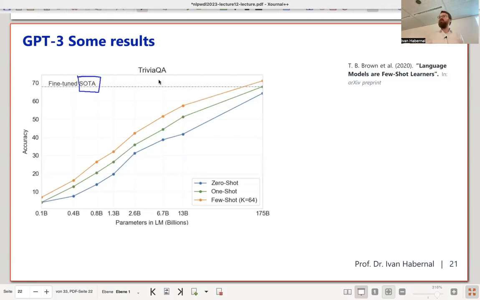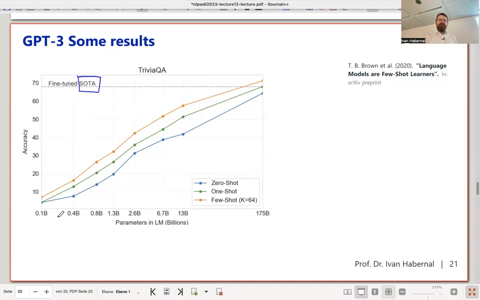If you need to answer a question like who won the first World Cup, the model needs to know something about the world. And fine-tuned state of the art means you take the model and fine-tune it, doing the gradient updates and parameter updates, the standard supervised training. So maybe 68% accuracy here on this task.